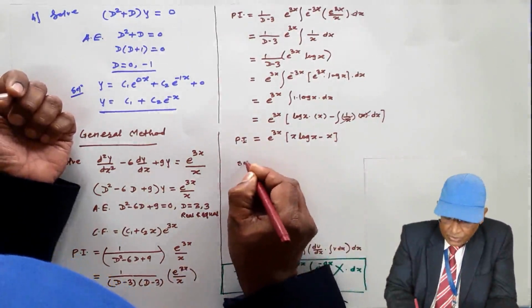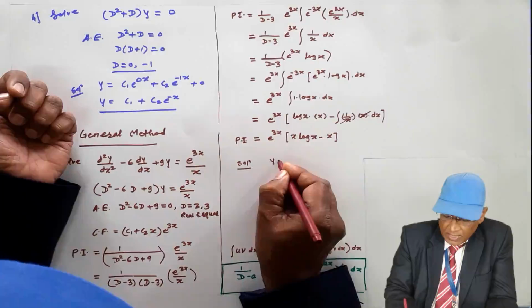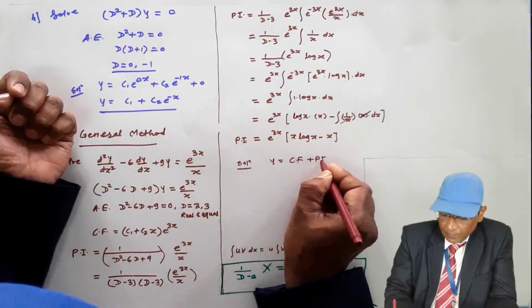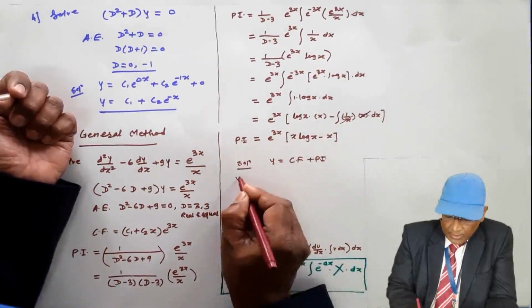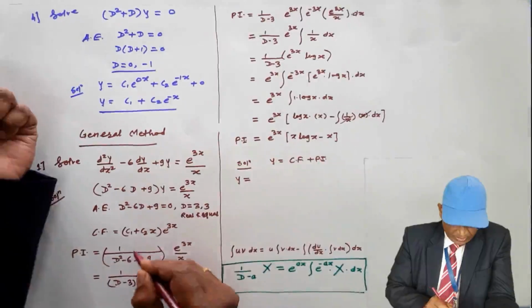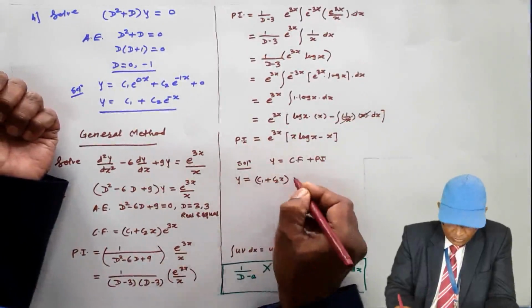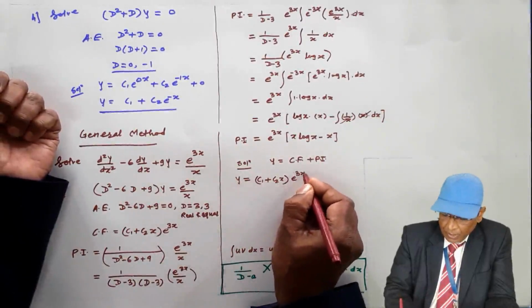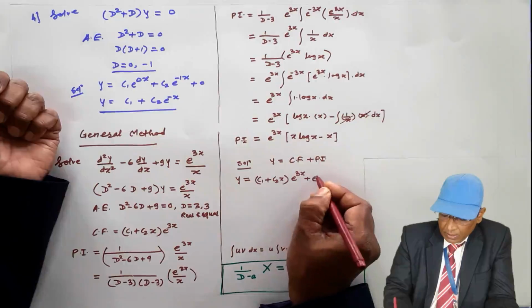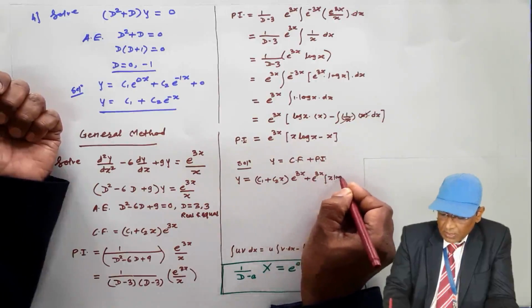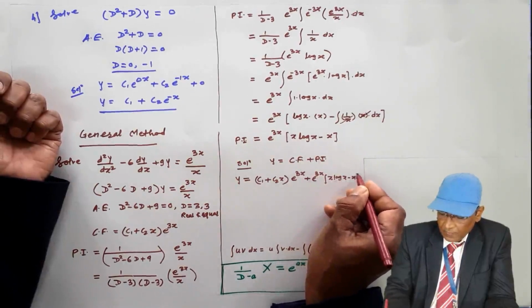The solution of the differential equation is what? y is equal to complementary function plus particular integral. y equals what? Complementary function is what? C1 plus C2x e to the power 3x, and particular integral is e to the power 3x into x log x minus x.